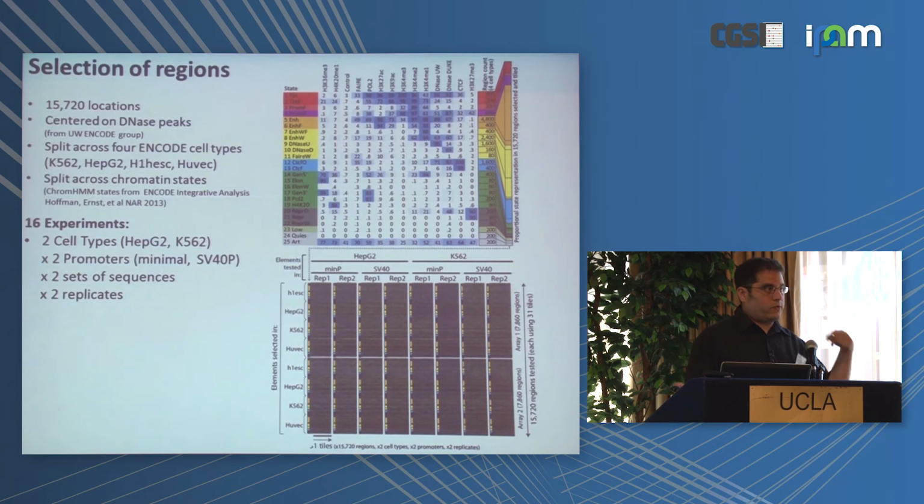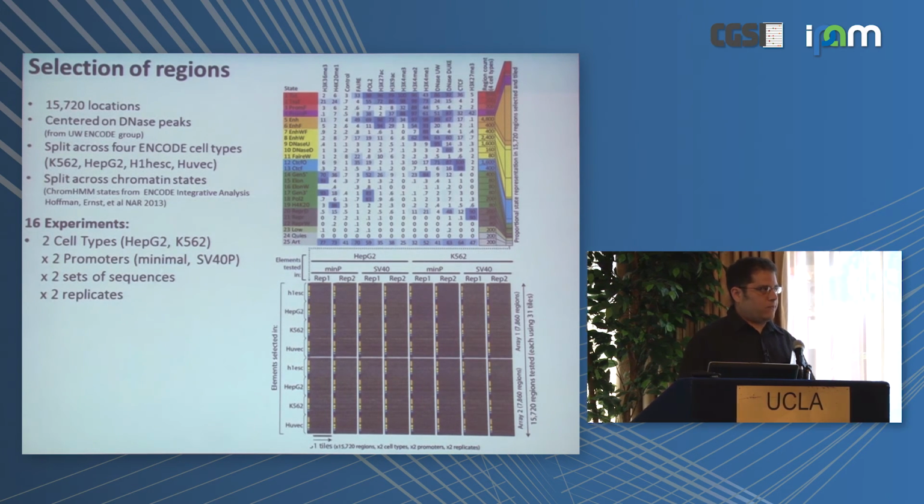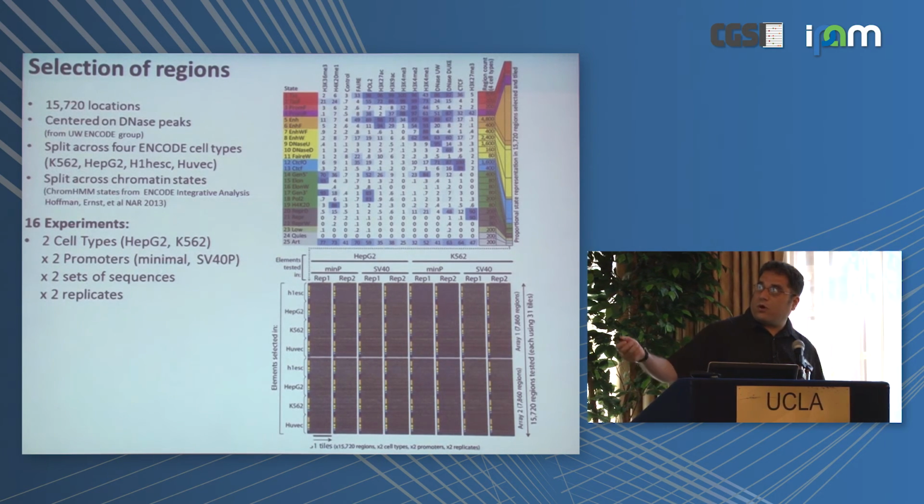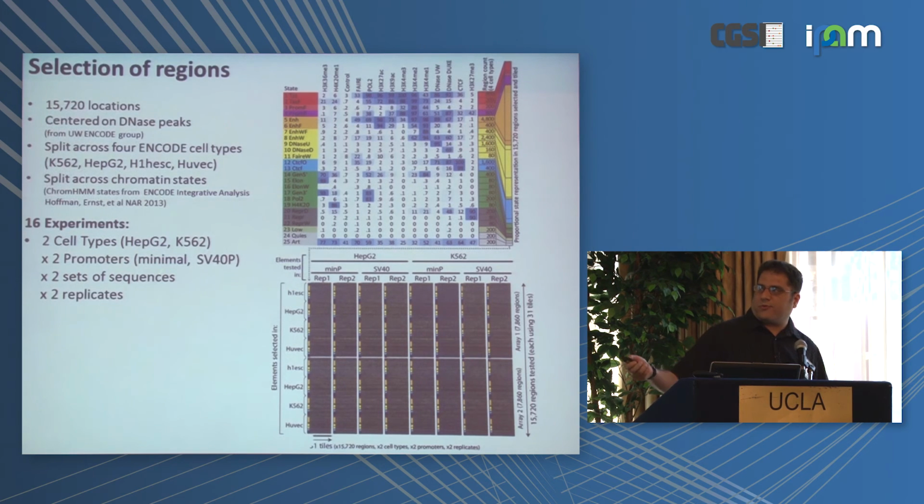So one of the goals was to understand the differences between different chromatin states in terms of their activity in this assay. And another thing it allowed us to do was to also selectively enrich for testing more cell type specific enhancers, which were potentially some of the more interesting locations to test.